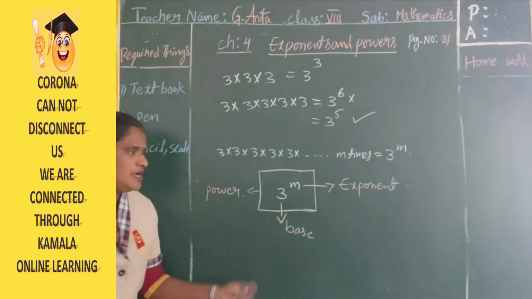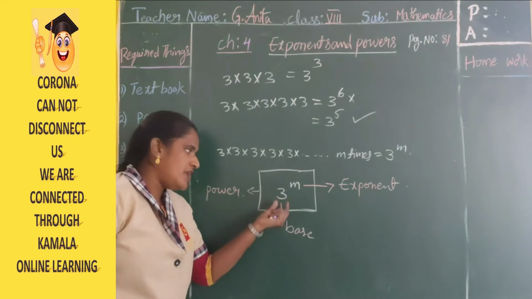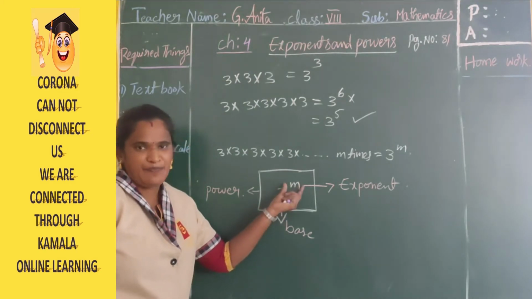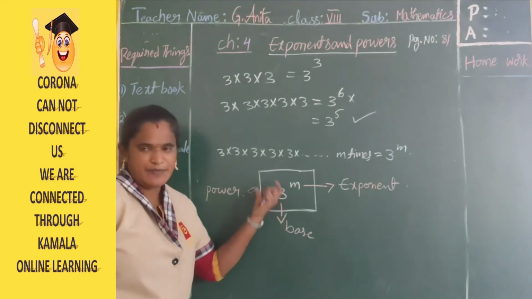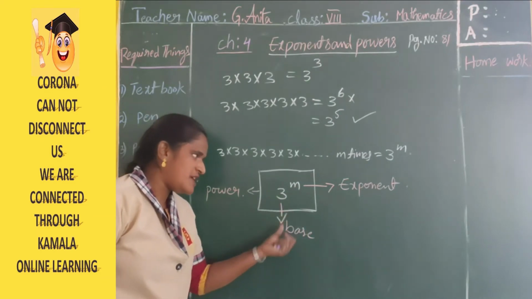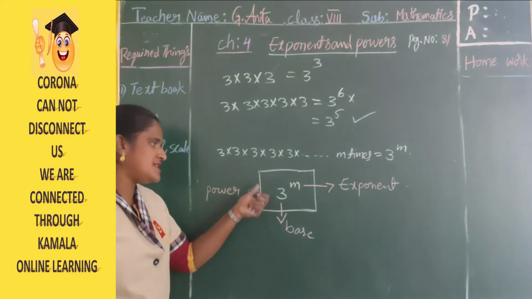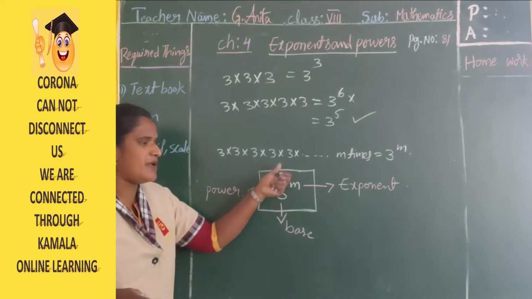We read it as 3 power m. So 3 is the base, m is the exponent, and totally we read it as 3 power m.